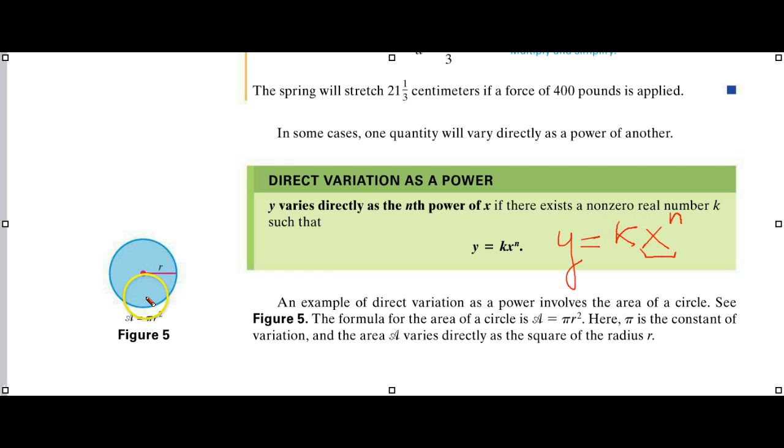And the example they're using here is the area of a circle. Area of the circle equals pi r squared. Well, we know that our constant of variation here will be pi.